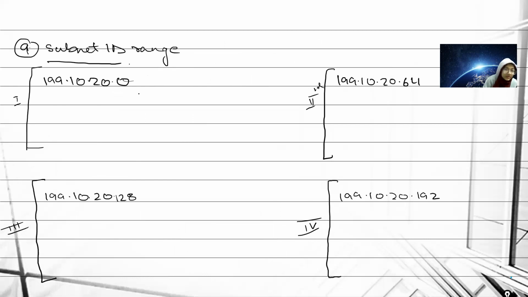We already did this. So our first valid IP is 1. We'll add 1 here: 199.10.20.1. Our BID is 199.10.20, one less from this 64, which will be 63. And one less from BID will be our last valid IP.